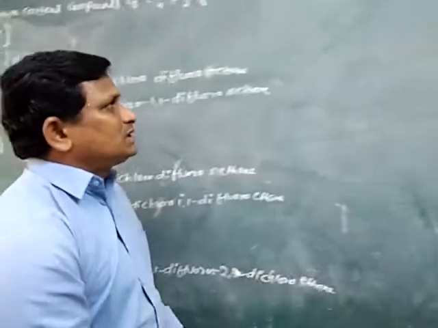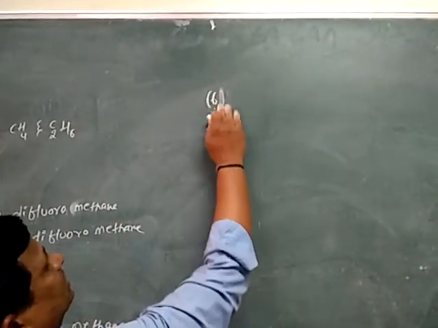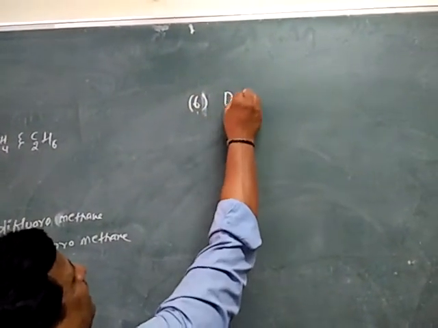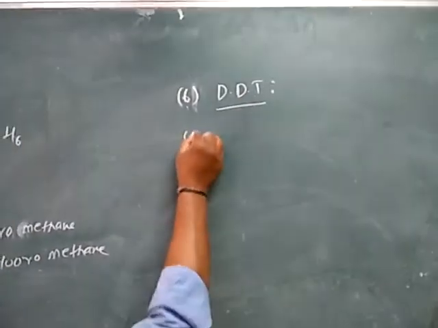The next and last, the sixth polyhalogen compound, is DDT.